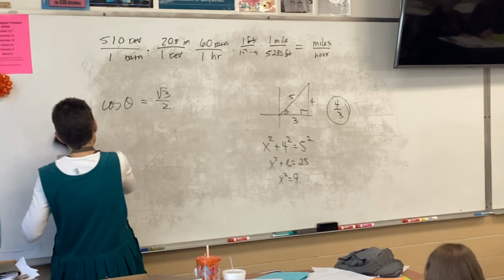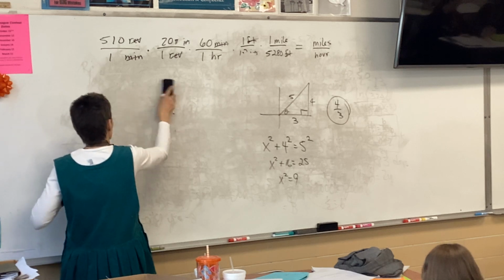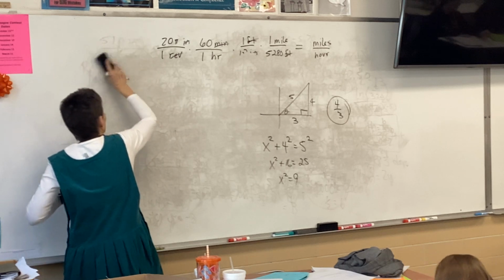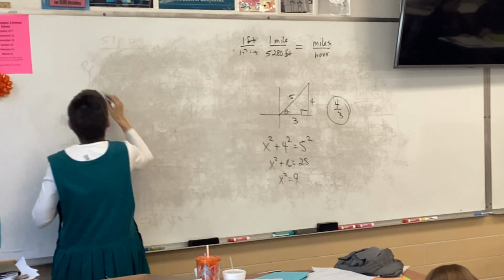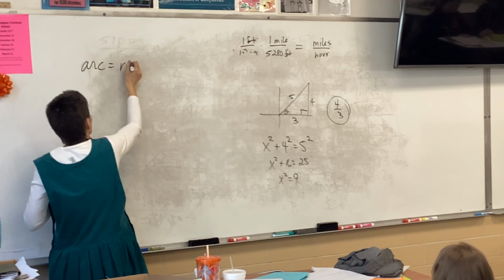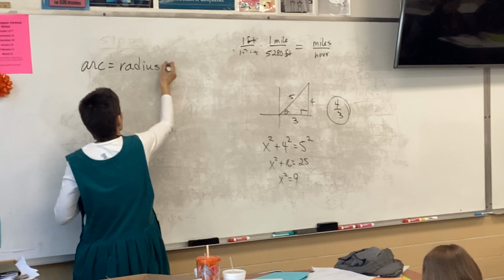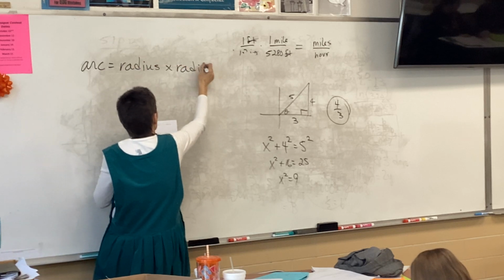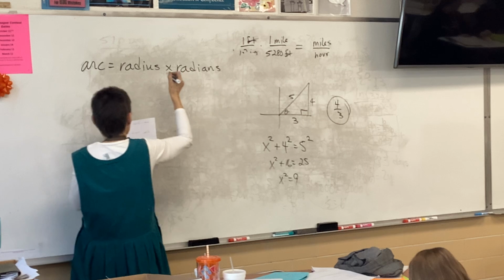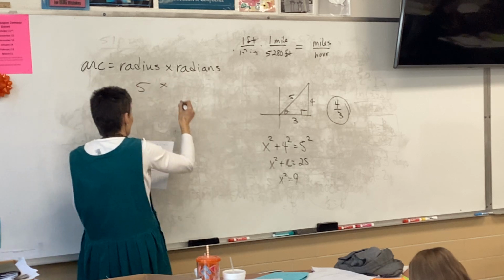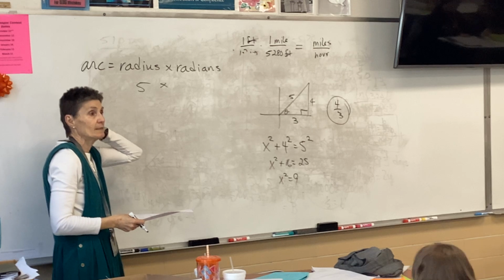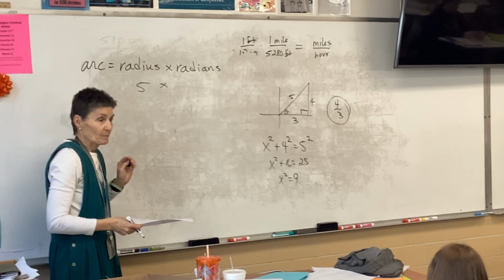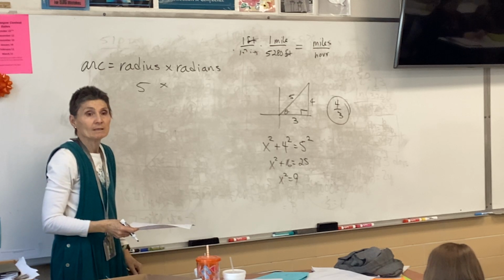Okay, next, find the arc length. Do you remember anything about arc length? Radians times radius equals arc. So arc length is radius times radians. We know the radius is 5, but we have a problem because the central angle is in degrees, and it needs to be in radians.